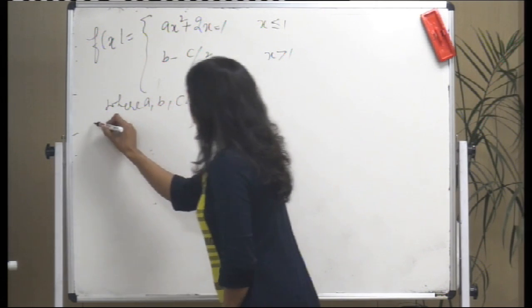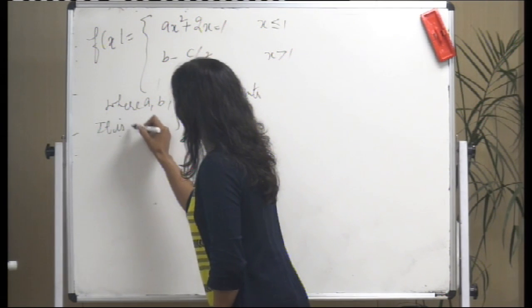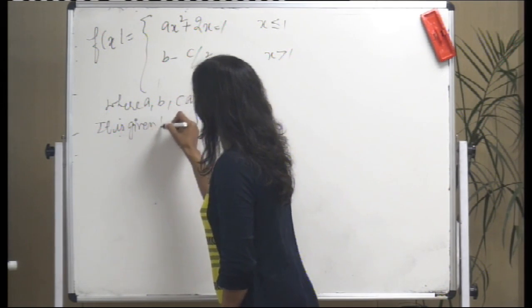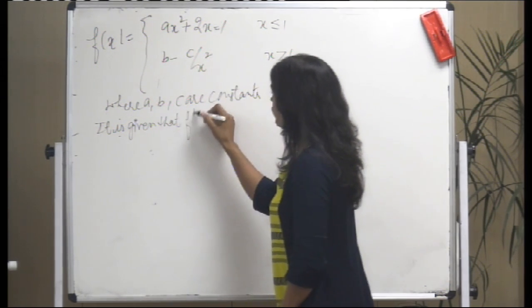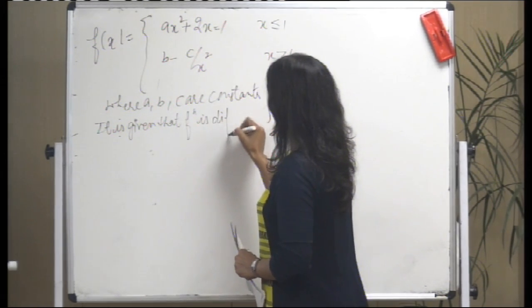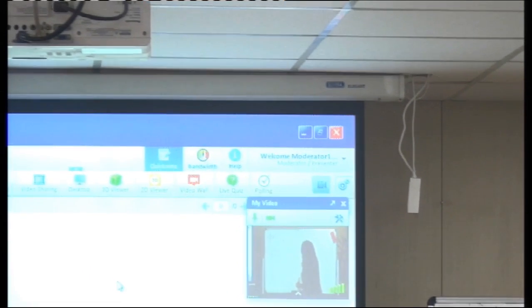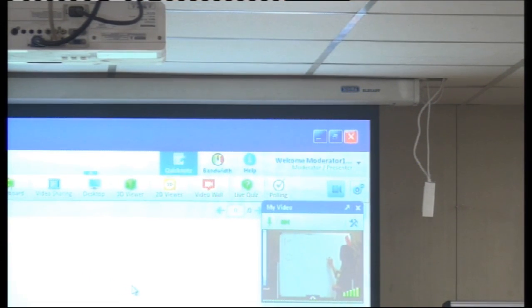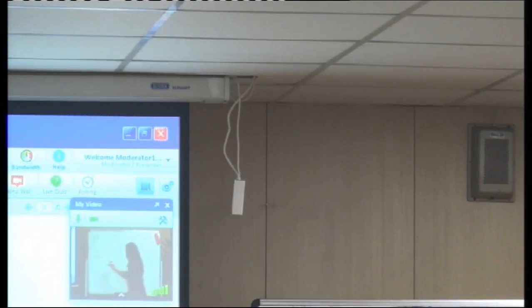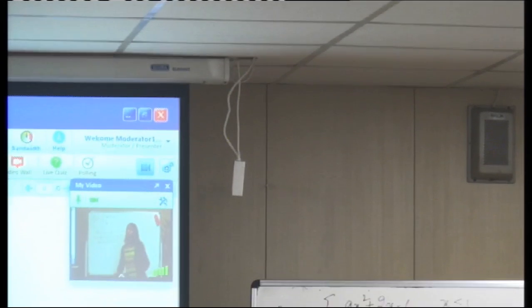It is given that the function is differentiable at x = 1 and f'(0) = f'(2). You have to find the value of b.